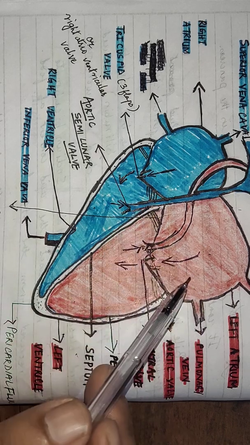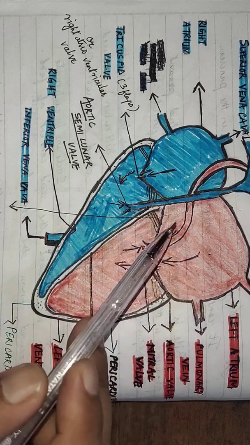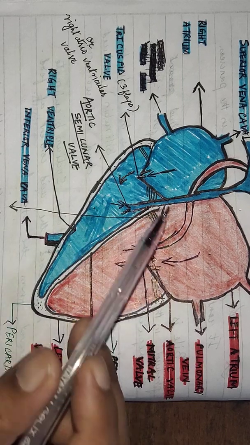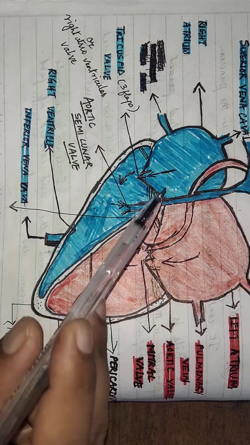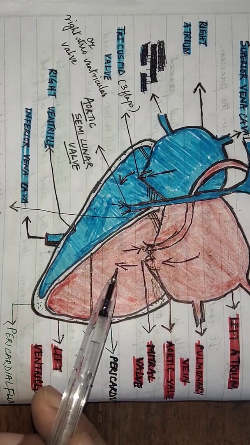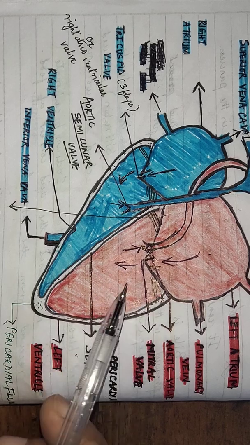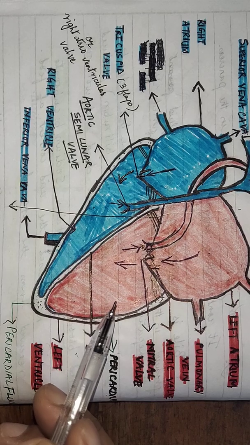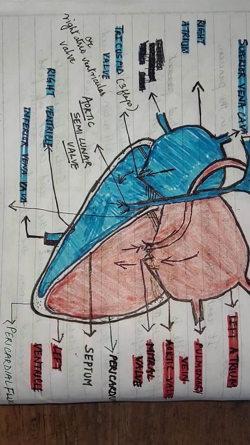So the chambers are divided by a layer known as the septum. Atria are smaller than the muscular ventricles. The left ventricle is thicker than the right ventricle. The reason is that it moves the blood to great distances in the body.